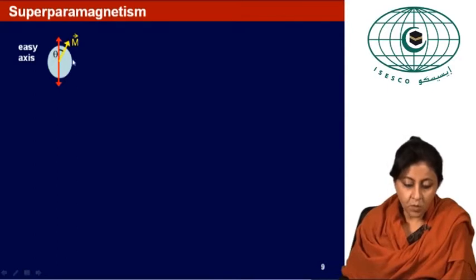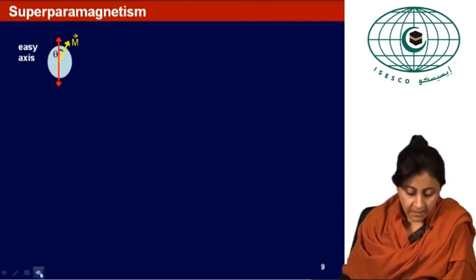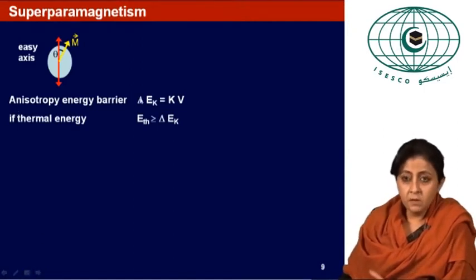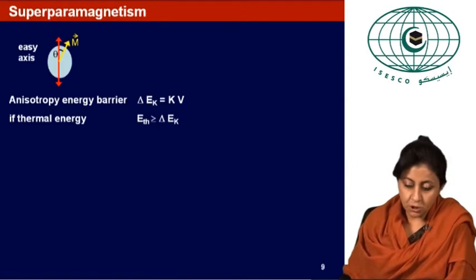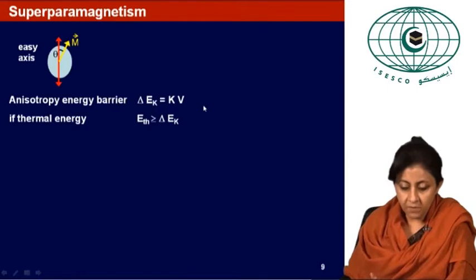So if the blue one here is your single domain particle, the red arrow is again your easy axis, and the magnetization vector is depicted in yellow, then there is an anisotropy energy barrier. We are assuming uniaxial anisotropy here. So the anisotropy energy barrier is K times V. If you recall, the anisotropy energy was KV sine squared alpha.